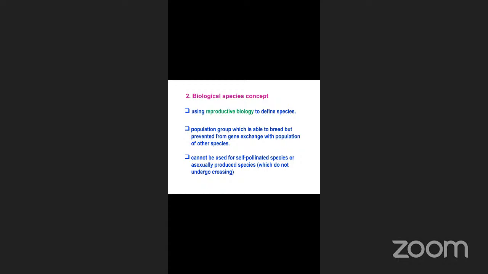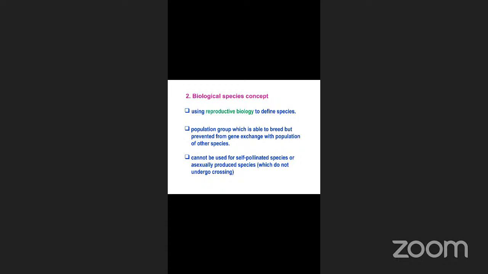Okay, used in this biological concept, what criteria? Reproductive organs or reproductive biology. Some of the organisms show self-pollinated species or asexually reproduced species.